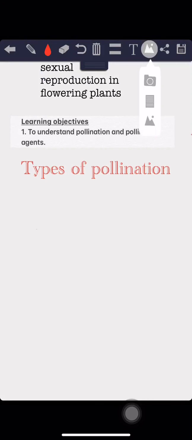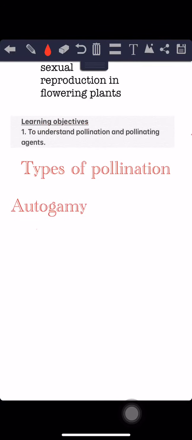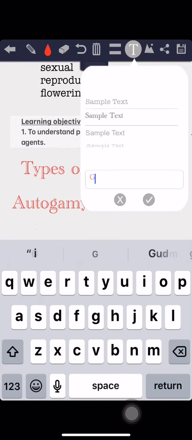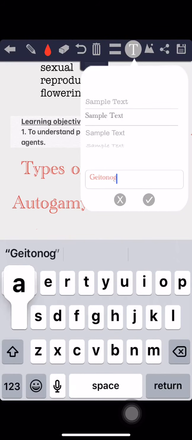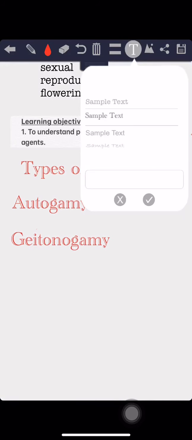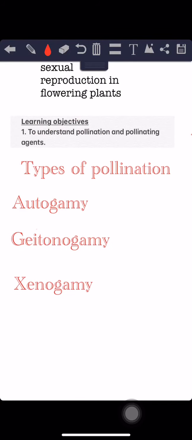That is, one, autogamy. Next, geitonogamy. And next, xenogamy. So these are the three kinds of pollinations.